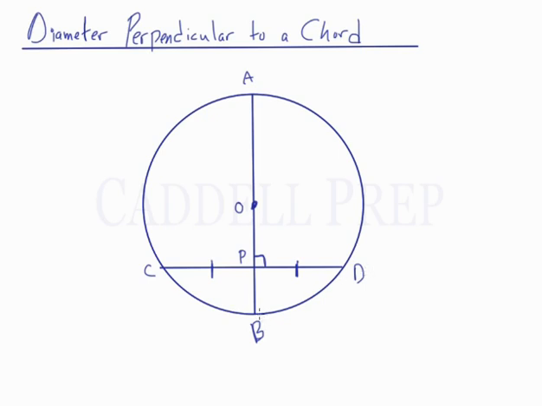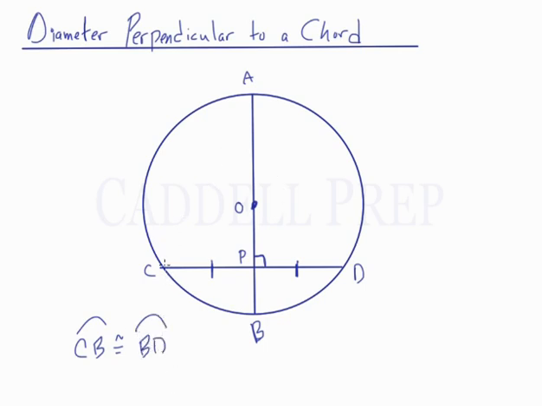So arc BD and arc CB are going to be the same length as each other. So we have arc CB is congruent to arc BD.